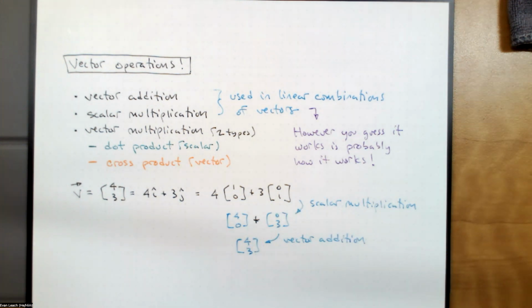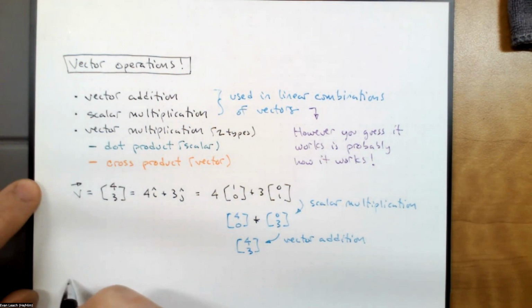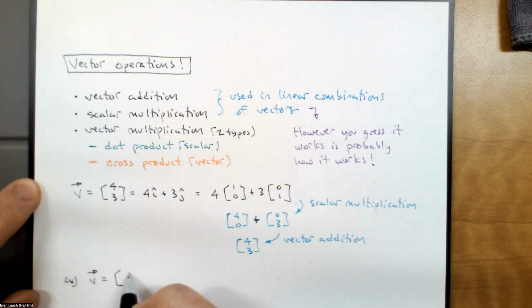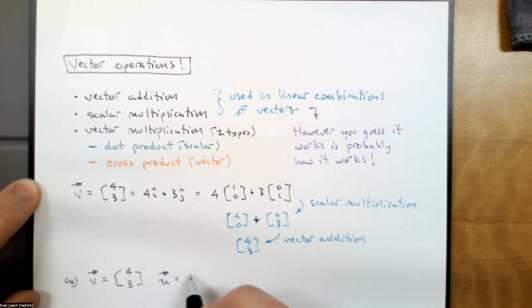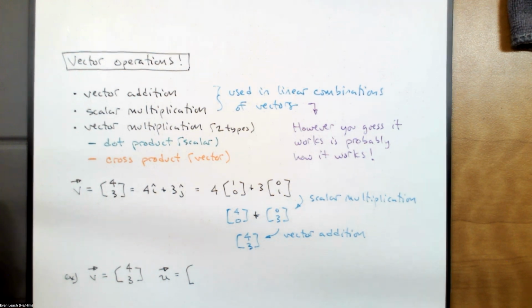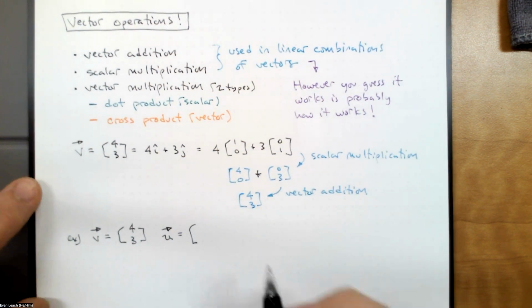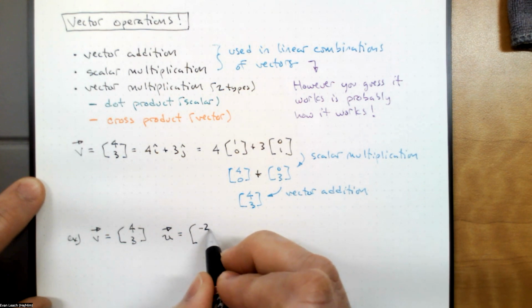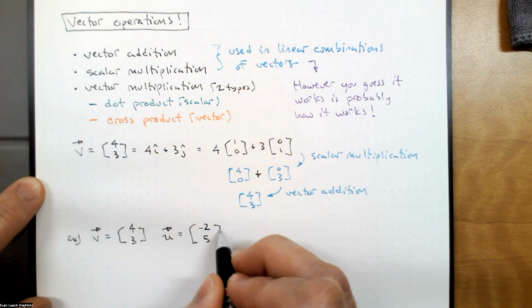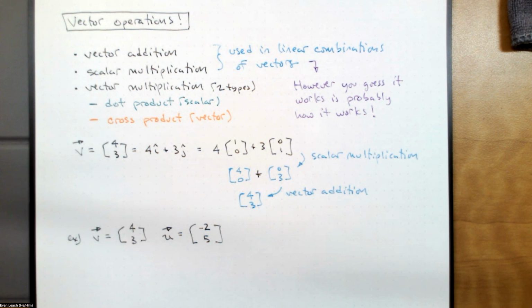So if I had two other vectors, so if the vector v is 4, 3 and the vector u is -2, 5. The vector v plus u, I would just add the corresponding components.